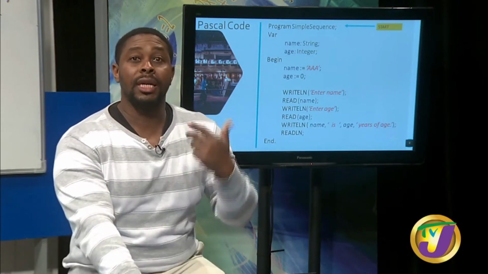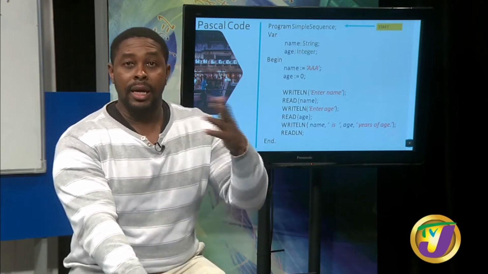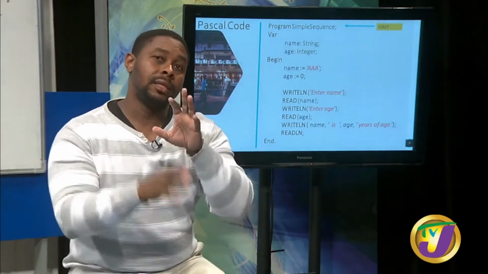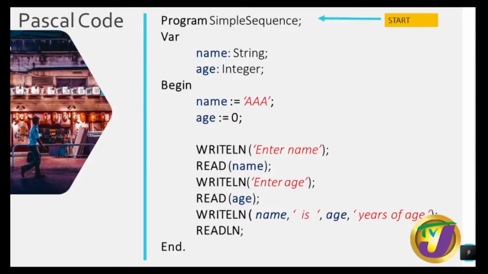You're done. Then after that, we want to declare our variables. In this case, our variables were name and age. This declaration process is where we give each one its particular data type. In this case, name is a string and age is an integer. After we've done our declaration, we need to do the initialization.